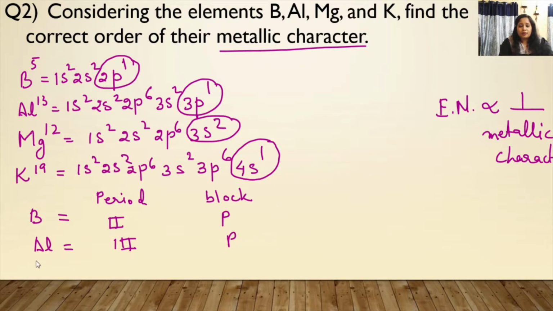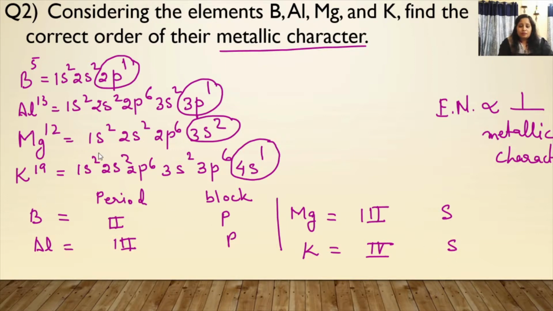Same we can write for magnesium. We don't have space over here. We can write magnesium is from the third level, that is, the third period and s block, and potassium is from the fourth period and s block.